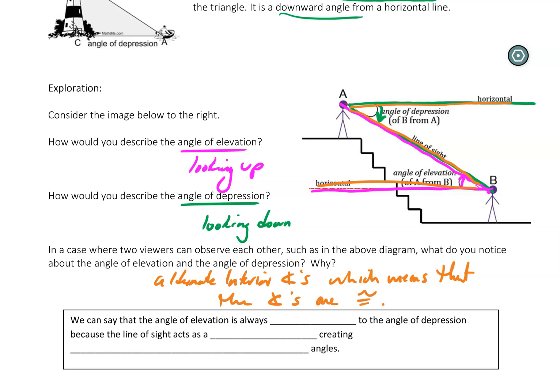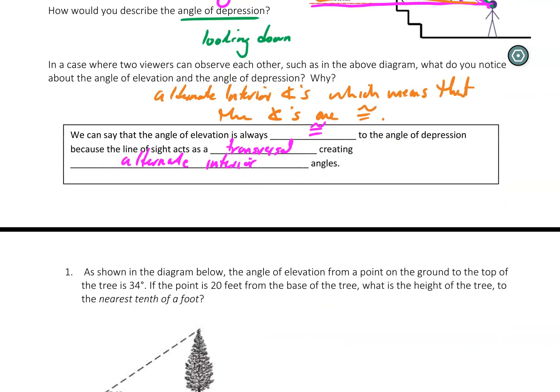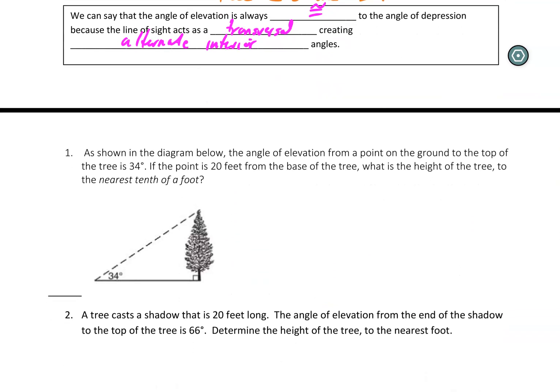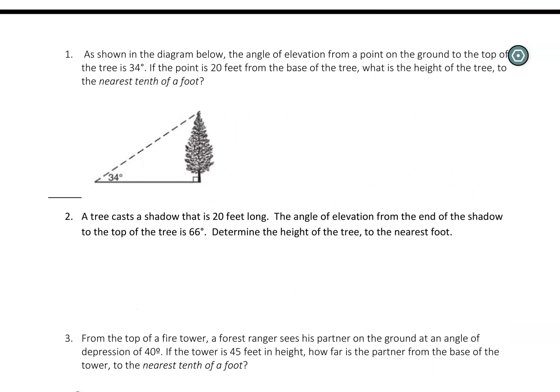So we can say that the angle of elevation is always going to be congruent to the angle of depression, because the line of sight acts as a transversal, creating alternate interior angles.